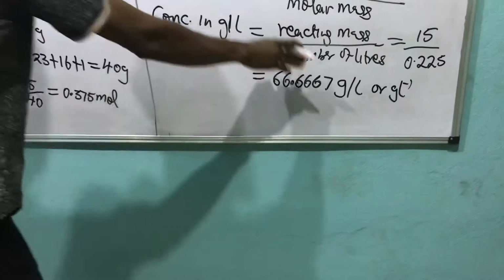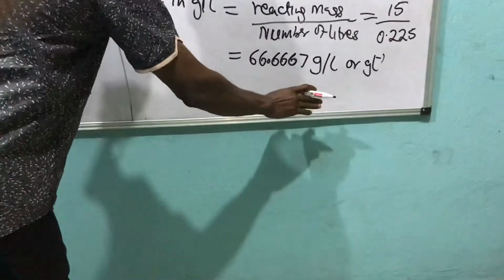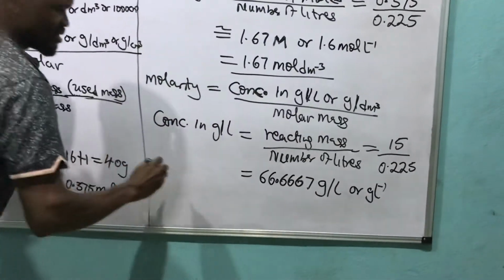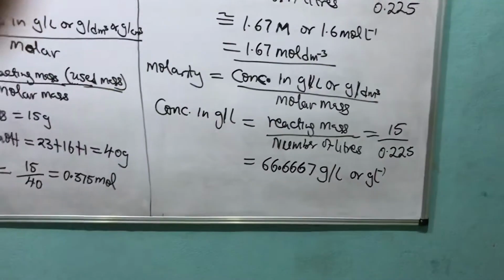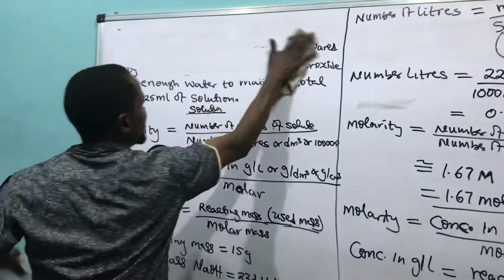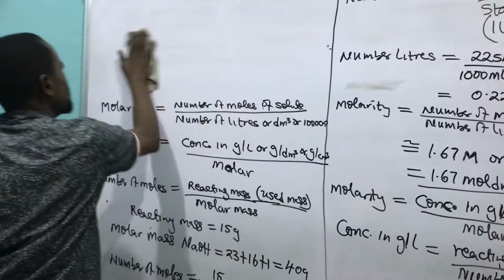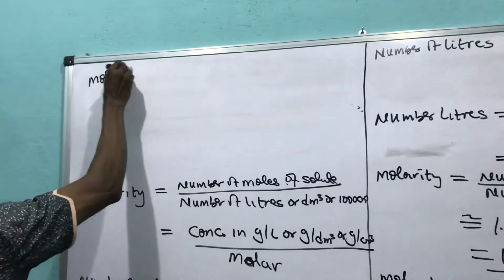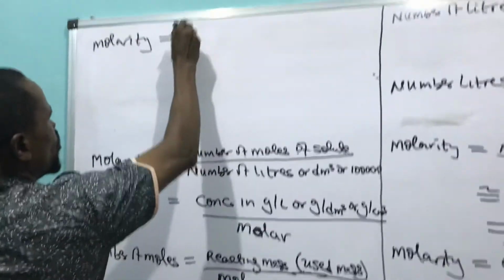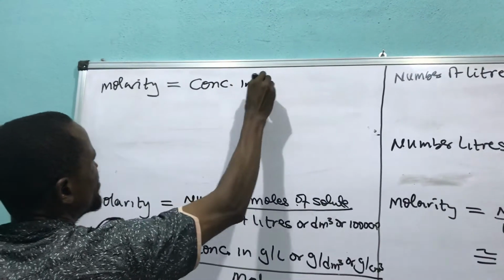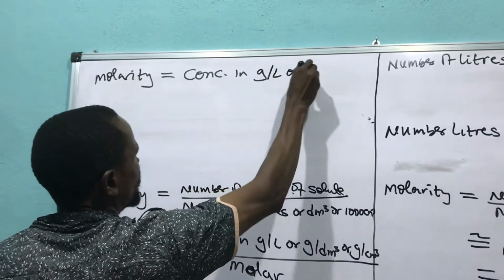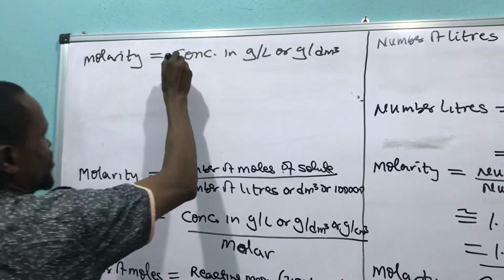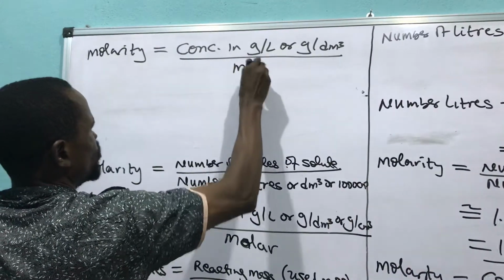Then now, this is my concentration in gram per liter. Then now, my molar mass. I will now say my molarity, which is concentration in gram per liter or gram per dm cube over molar mass, which we have stated.